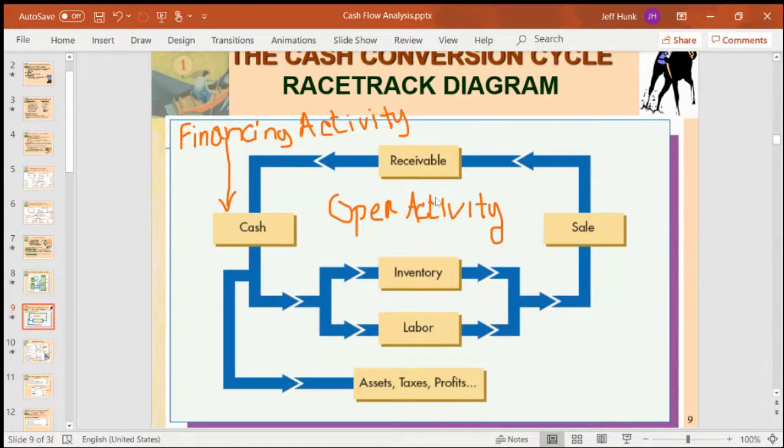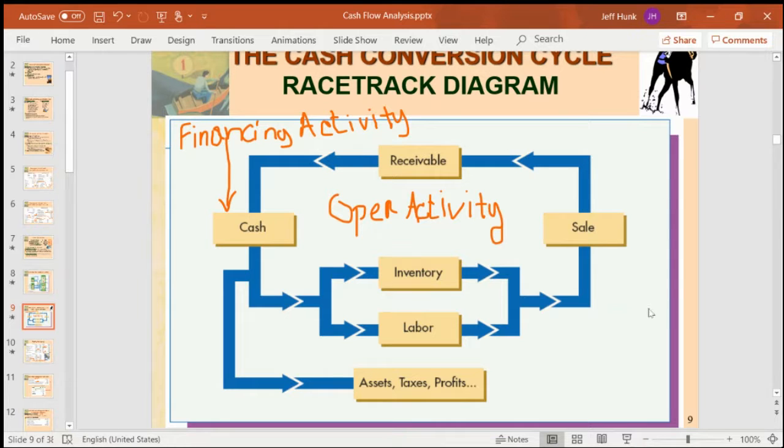But this is mainly focusing on operating activity, and not much on financing activity or investing activity.